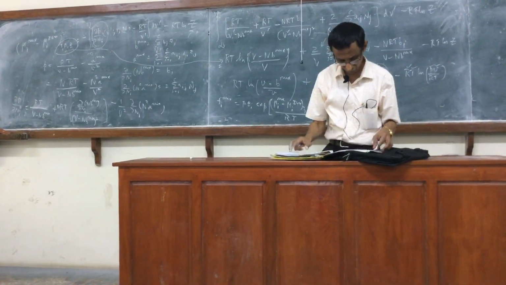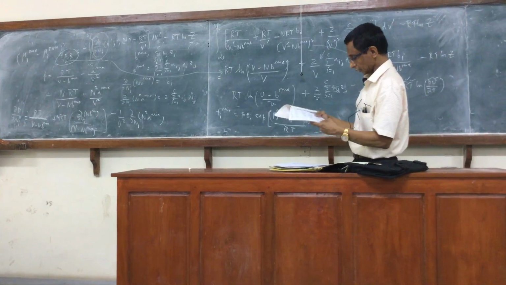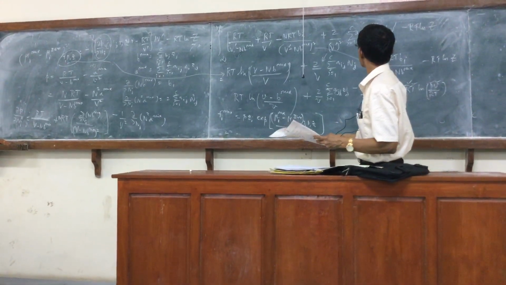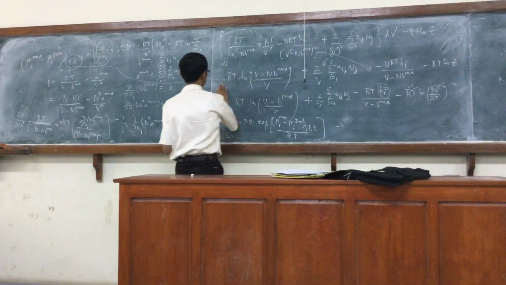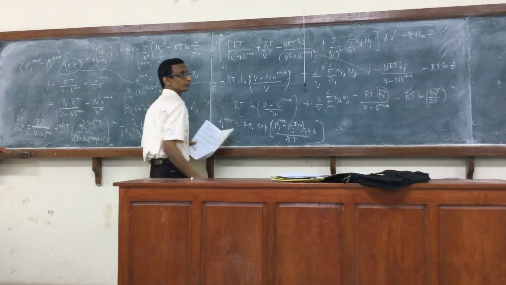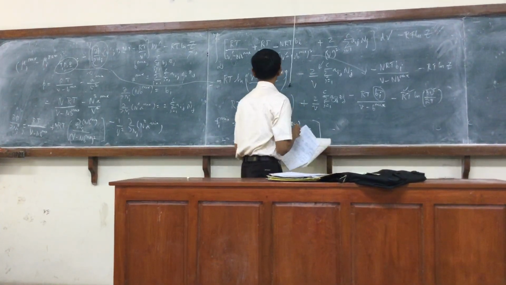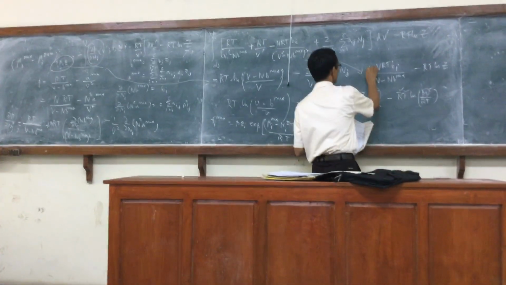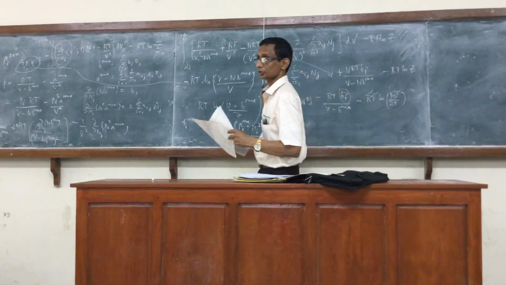Maybe just check the formula. Yeah, you're right. Everything has a negative. So this will now become negative, right? And this will also become negative. And this, of course, now will become positive. There is no change in that.